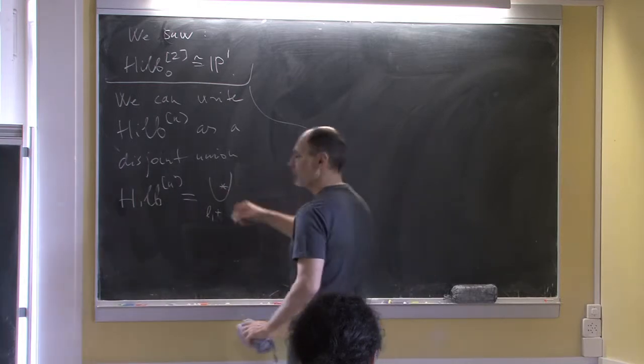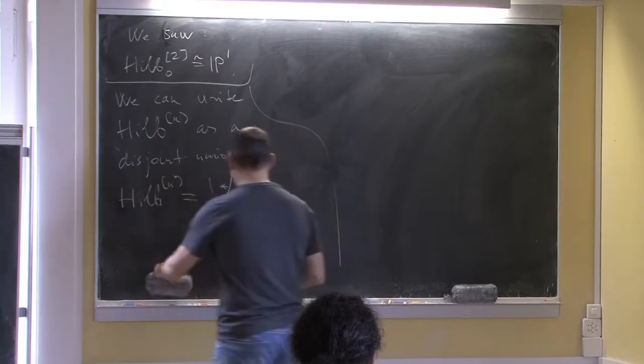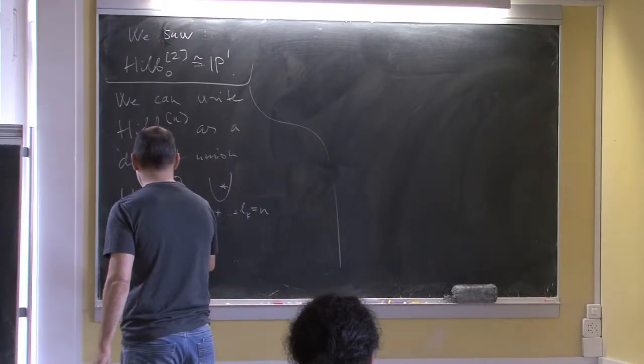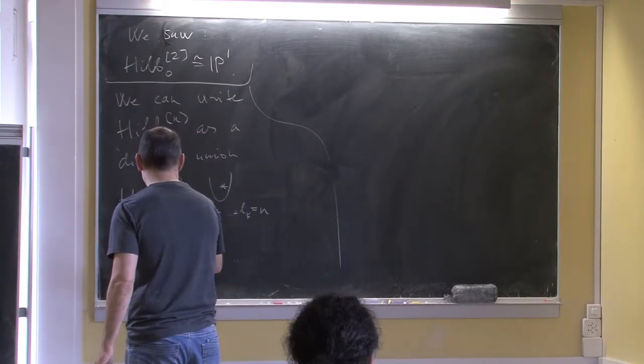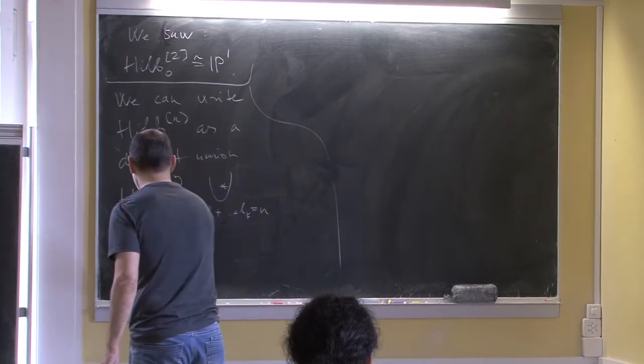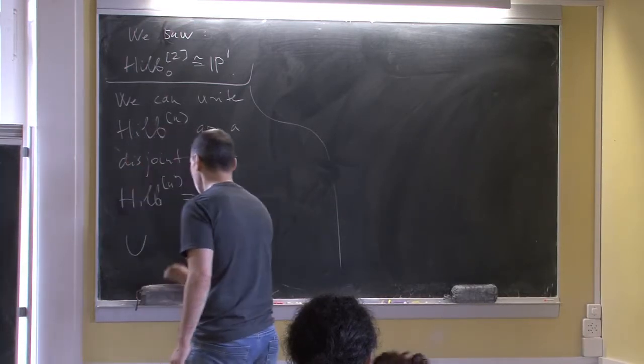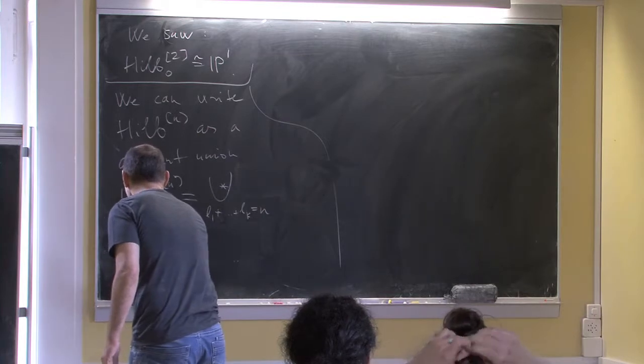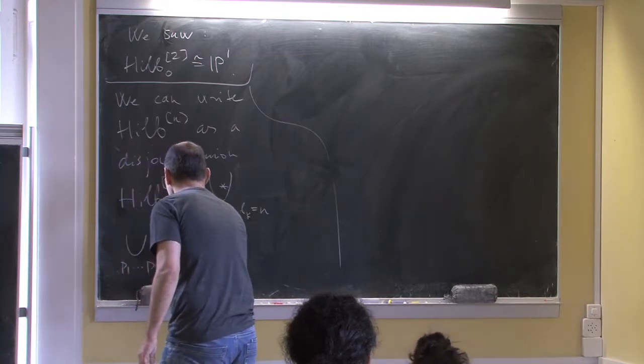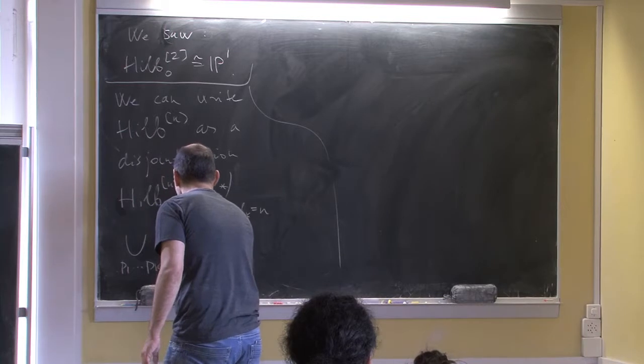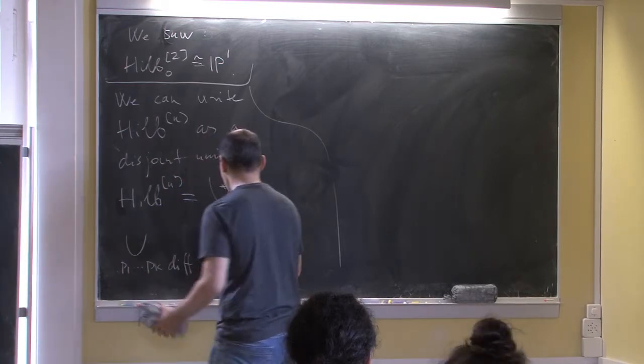So you write it this way, and then you say here that it's the union for P1, ..., Pk, so these are different points in A2, and then I write this product.